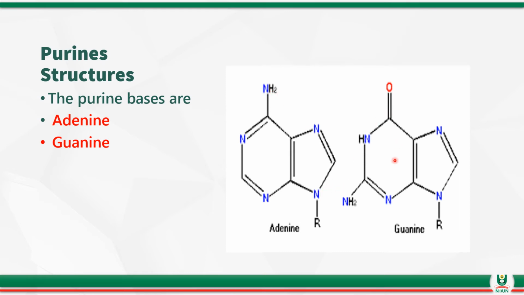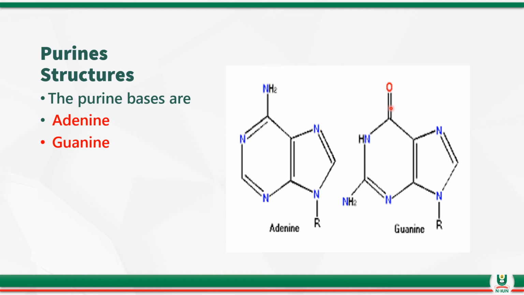And then for guanine, you can see that atom 2, which is also a carbon, has an amino group attached to it, in addition to atom 6 having an oxygen attached to it.